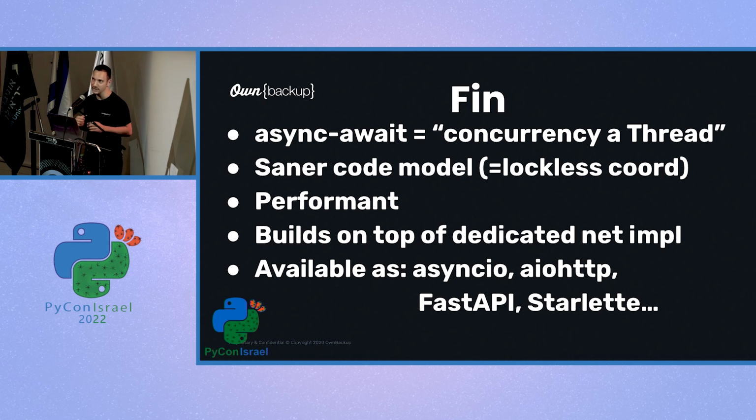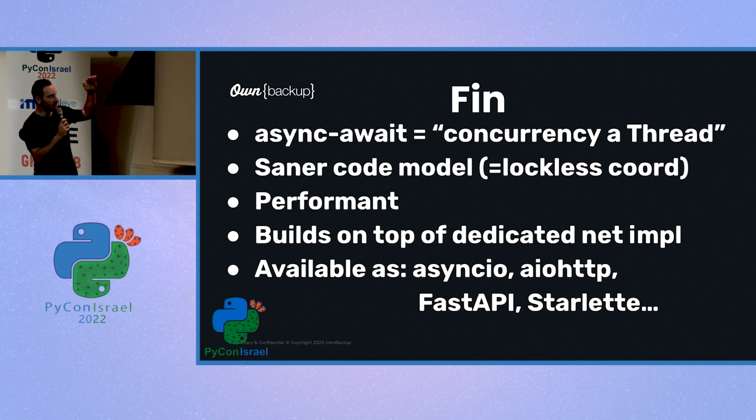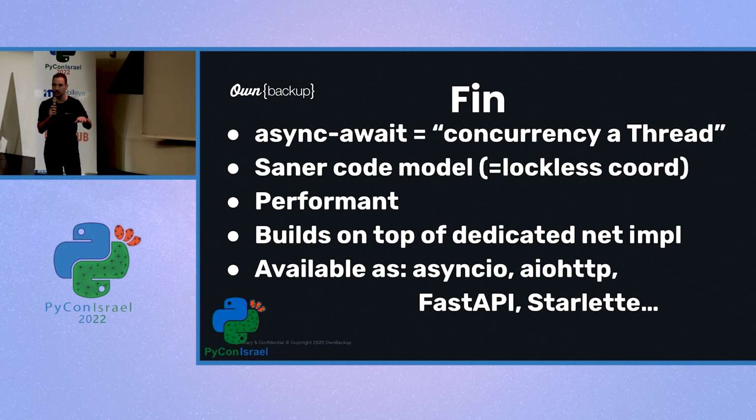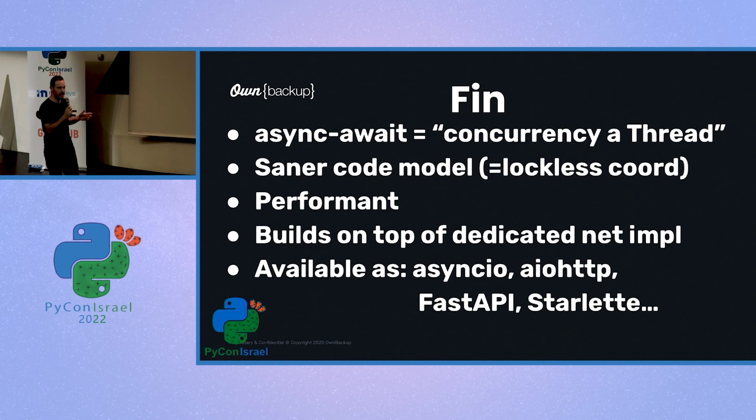In a world that mostly waits, we don't want the hassle of being multi-threaded, and it's really good for us to consider the async and await model. It's a saner code model. Why is it a saner code model? Because whenever our code runs between two awaits or between two yields, we are promised no other thread will step on our common data structures, right? Because there isn't any other thread, okay?